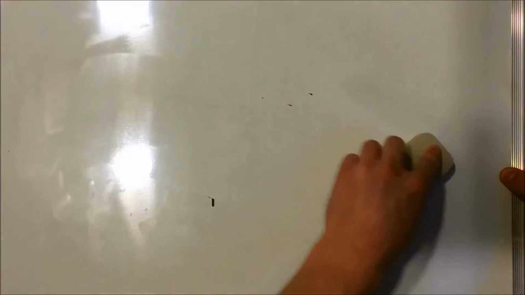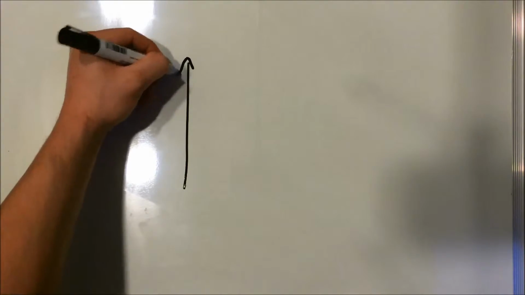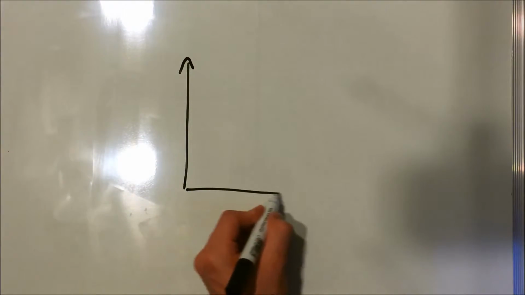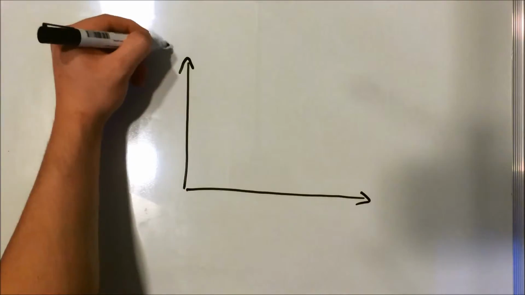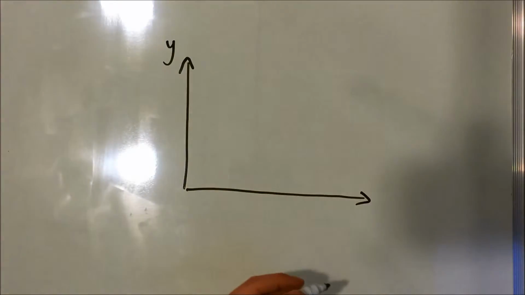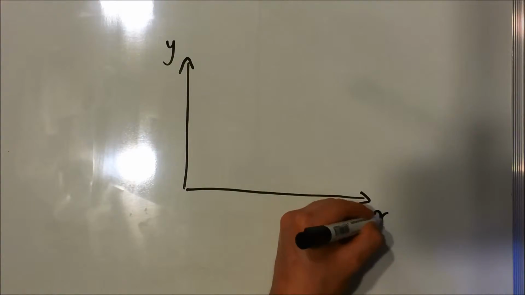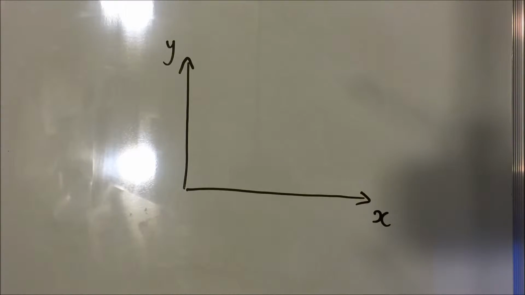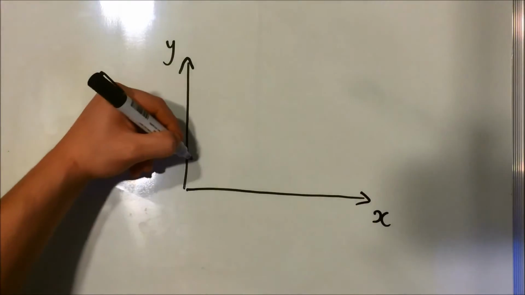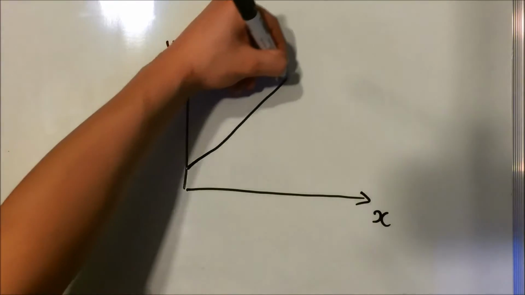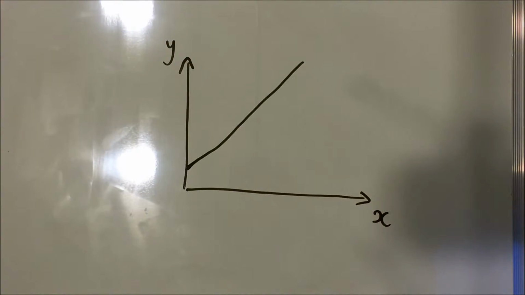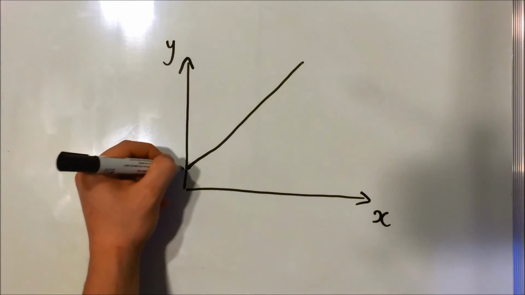So, we have two axes. We have the y-axis and we have the x-axis. Let's say we have a line that isn't very straight, but let's pretend it is. A straight line.